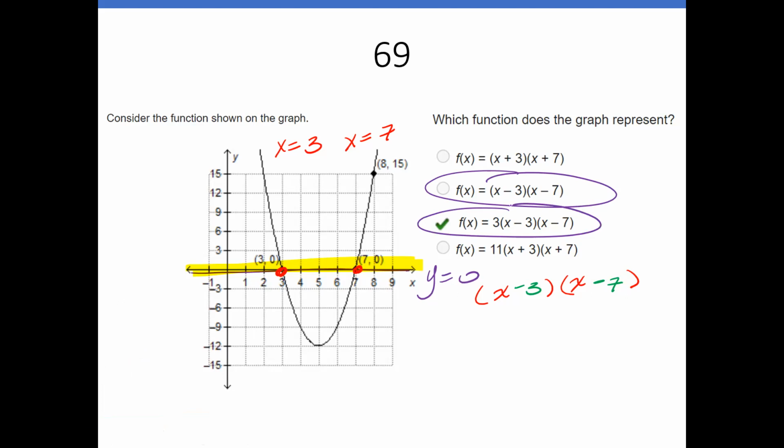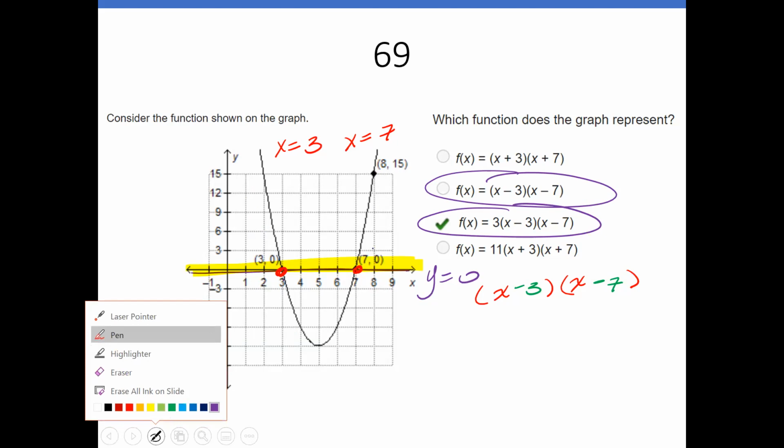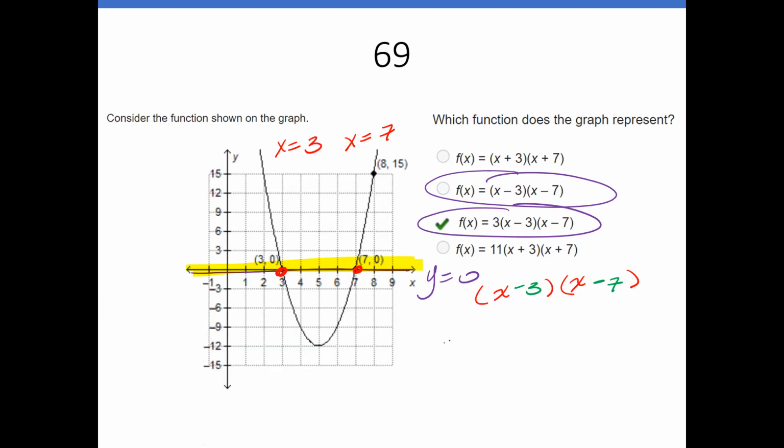So in this situation, you have to look at your diagram here. If you look at this graph right here, it's actually a little bit wider than what it should be. The number in the front is going to determine whether the graph is going to be wider or smaller. So let me show you. If I were to use Desmos, let's try this way.